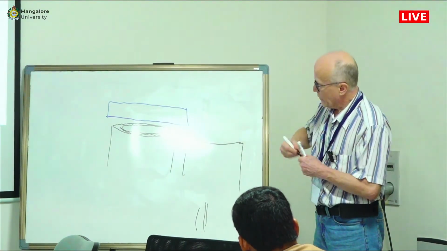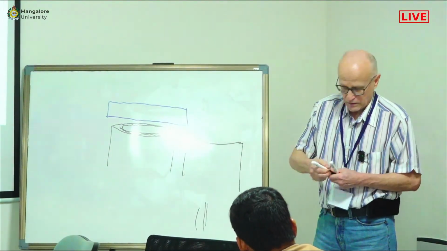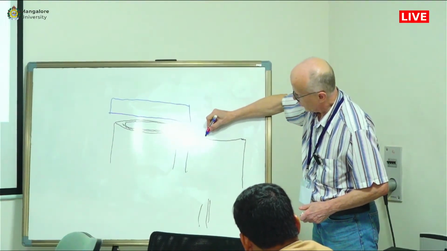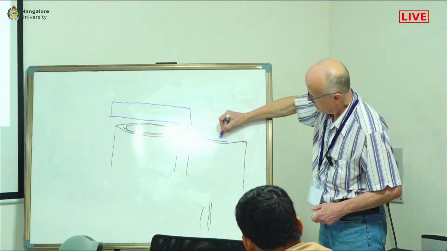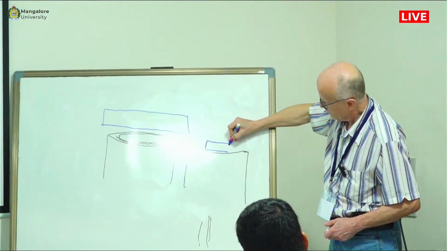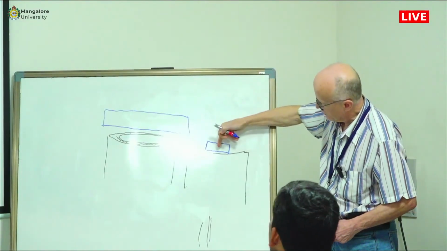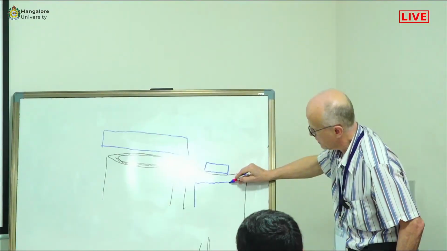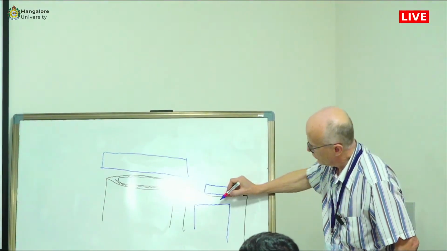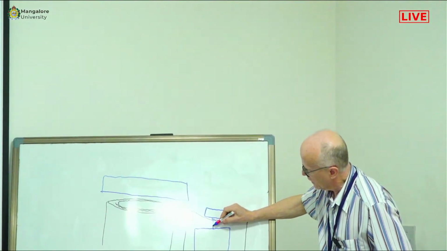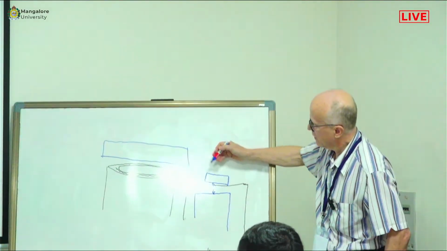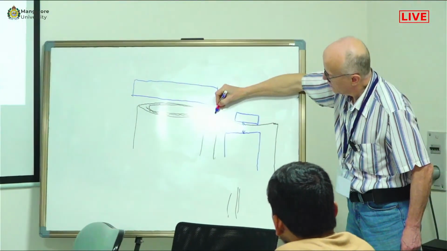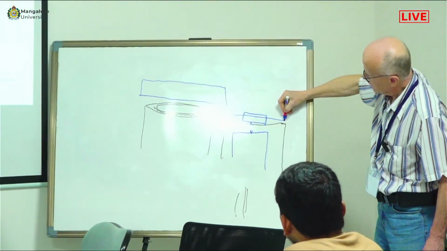In this case, when we have a small sample, like a small beaker like this one, the detector is located here. So there is a difference in this distance compared to this case, because a bigger beaker goes there.